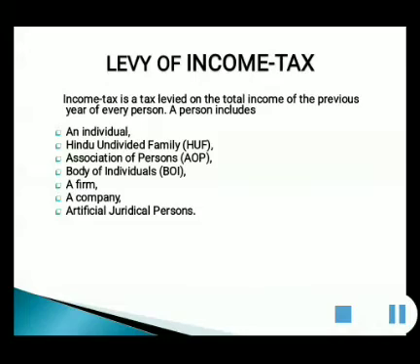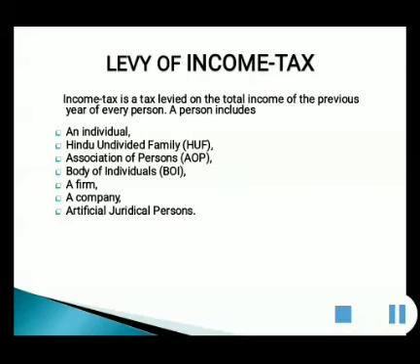So most importantly, a person includes an individual, Hindu undivided family, that is HUF, association of persons, body of individuals, a firm, a company, and artificial judicial person. So how many are there? Seven.